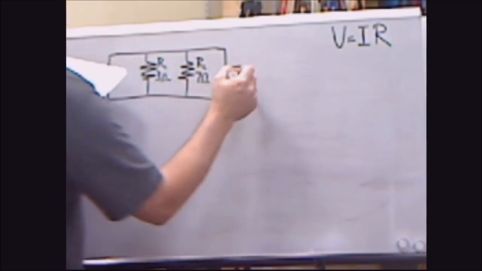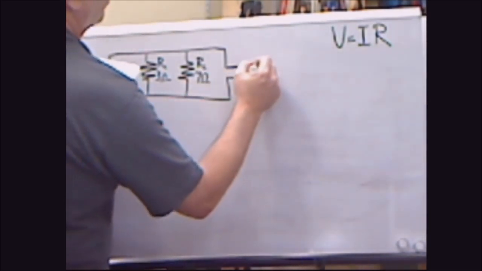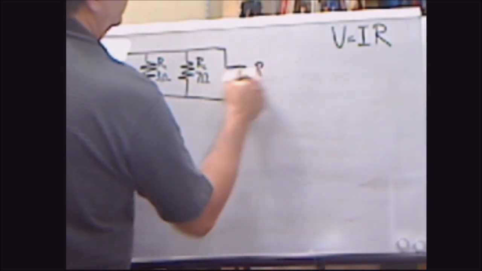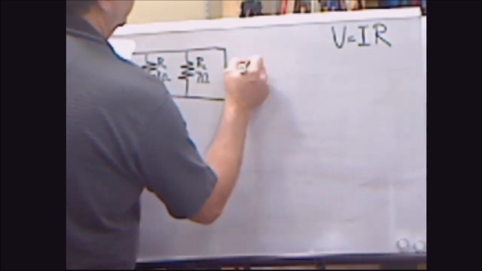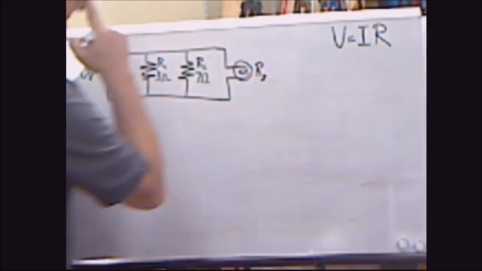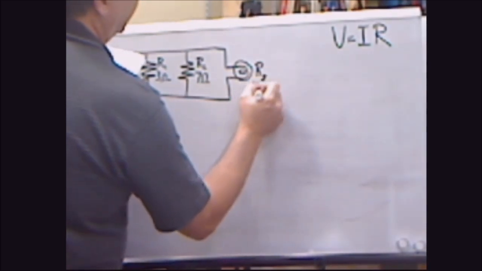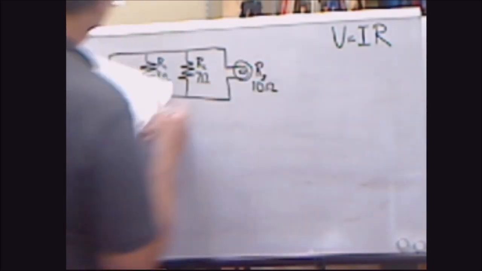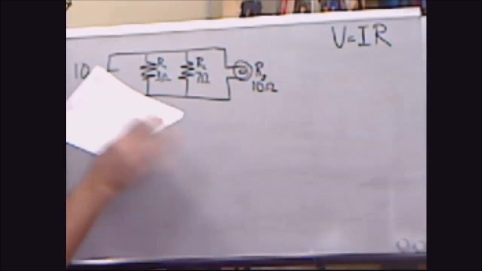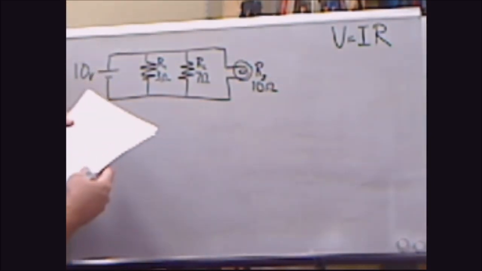And then this lamp, we're going to call R3 because the lamp offers resistance. That's how it ends up glowing, right? Oops, I forgot this part of it. There we go. Now it's a lamp. And so we're going to call that R3, and we're going to say that one has 10 ohms. All right. So there's our system.